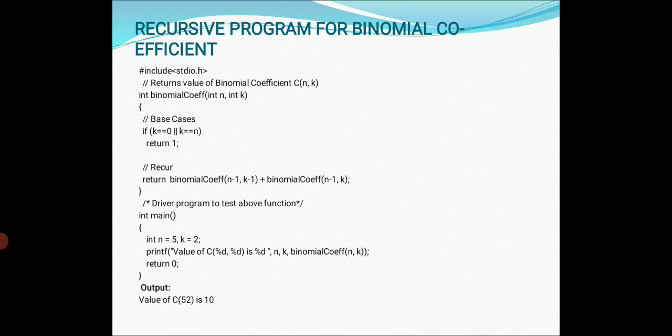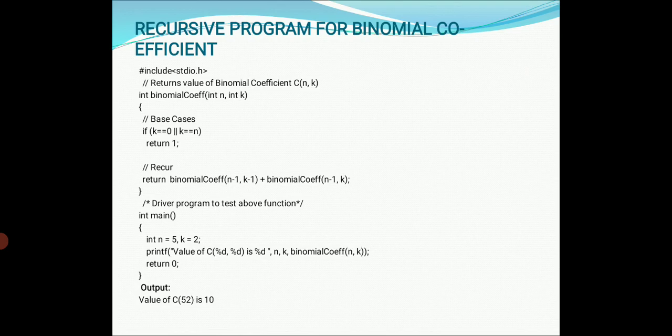So here this is the binomial coefficient function, with parameters n and k. Int binomialCoefficient is the function name, and the return type is int. Within the brackets, n and k are the parameters with data type int.